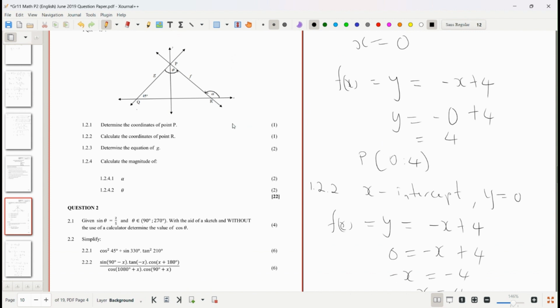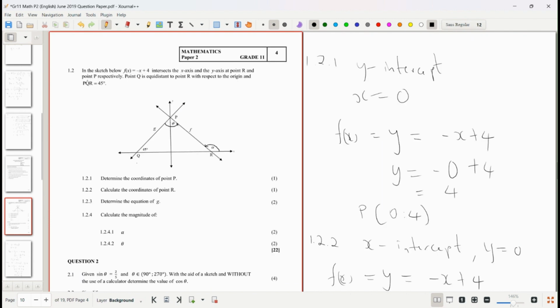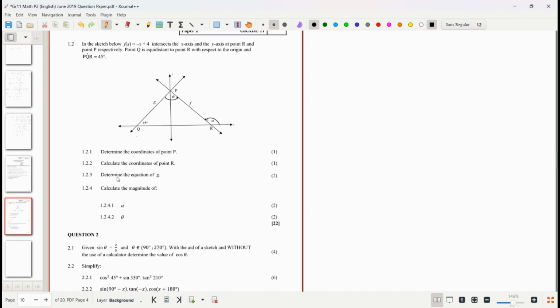Moving forward, they want us to determine the equation of G. What do we know about equation G? We're given an angle of 45 degrees. Since we know this angle, we can find the gradient of G. And we already know the intercept here; the intercept is 4.